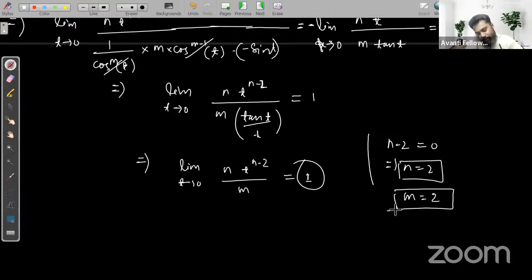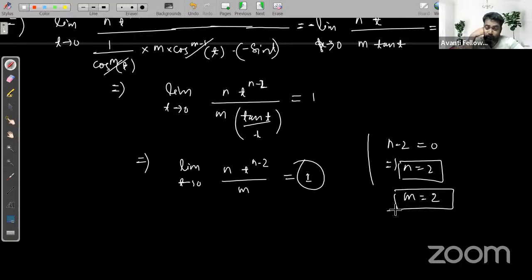If you take any negative number, suppose n minus 2 is less than 0, then t can't be 0, because if t becomes 0 it will not be possible. So with t tending to 0, for this right hand side to be 1, n minus 2 must be equal to 0. Otherwise it will not be.